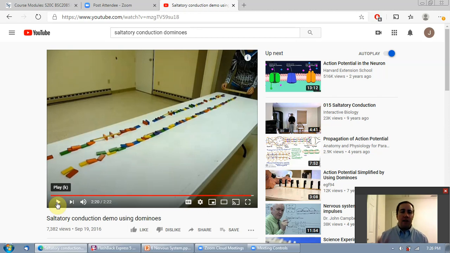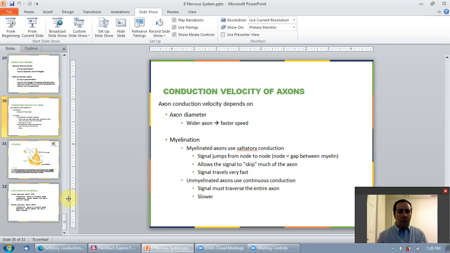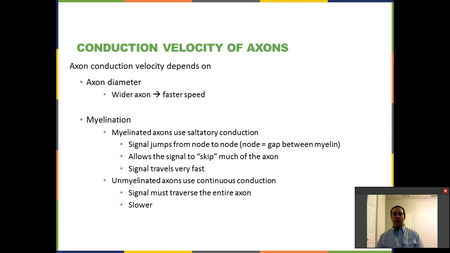You could just find the video on your own, look it up, and watch it. So that is what's happening in our myelinated axon. What the slide says here is it allows us to skip part of the axon. The action potential moves down the axon until it hits one of those wraps of myelin, and it actually skips the myelinated section and moves on to the next node of Ranvier.